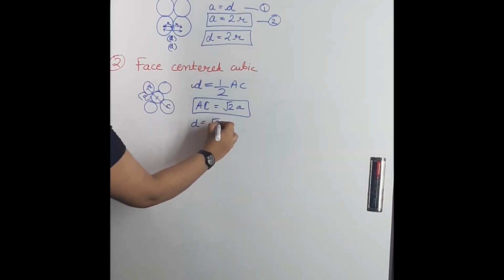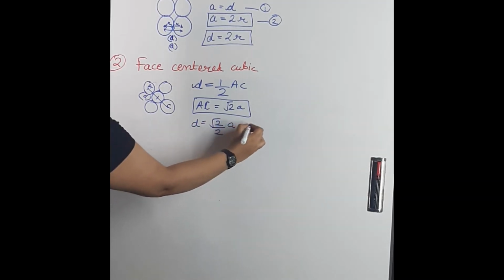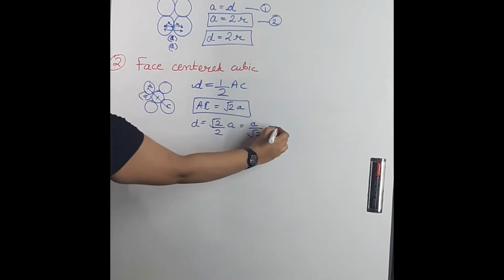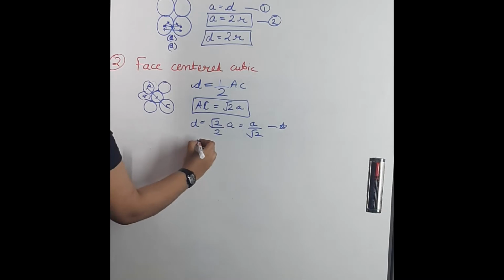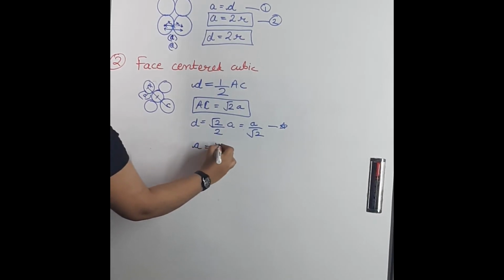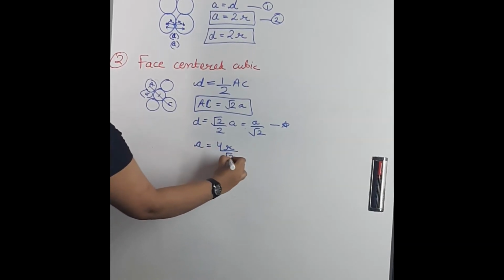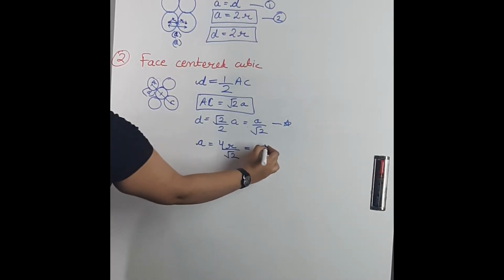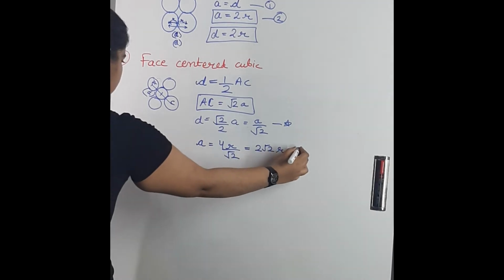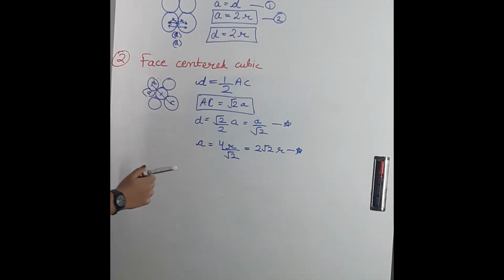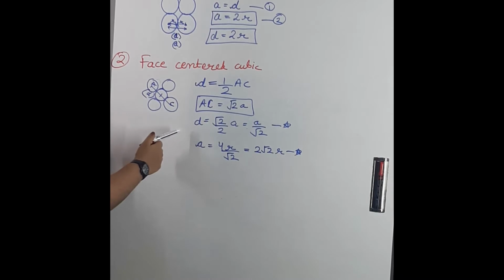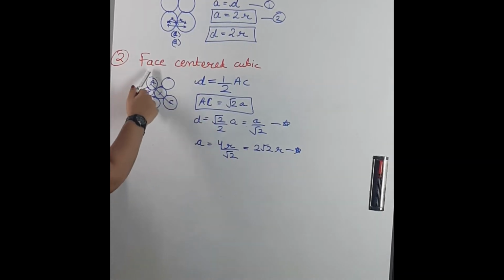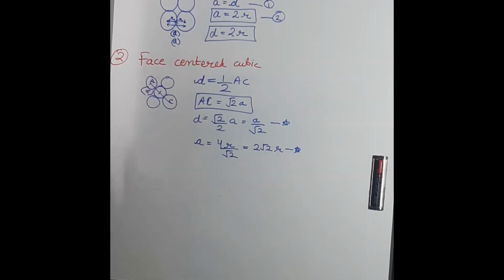So D will be root 2 by 2 A, which is equal to A upon root 2. This is our first equation, and then A is equal to 4R upon root 2, as we have done earlier. So A is equal to 2 root 2 R. This is our second equation. So this is the relationship between A, D and R in the case of face centered cubic system.